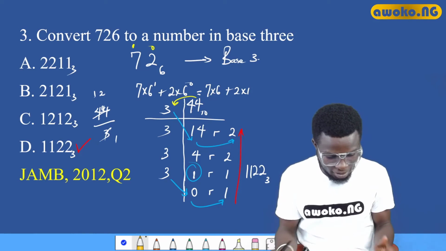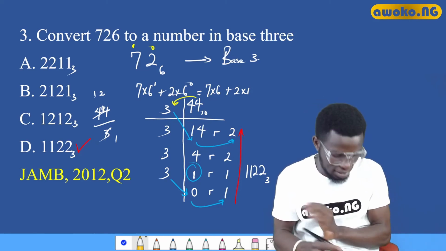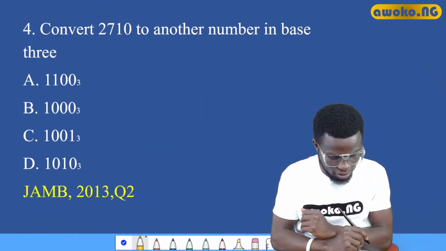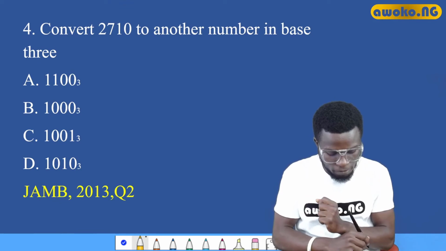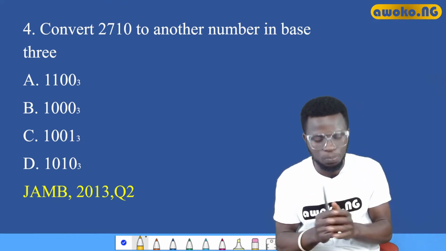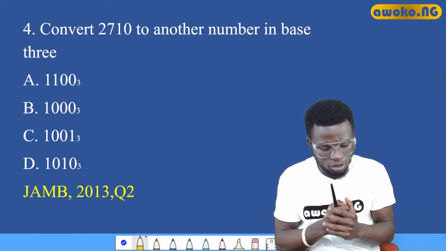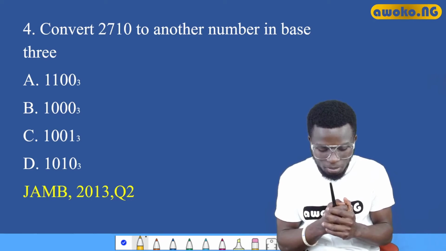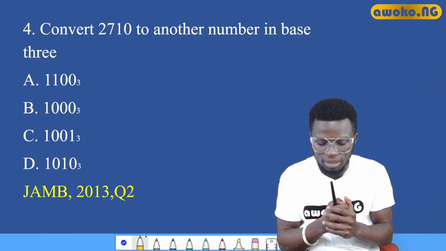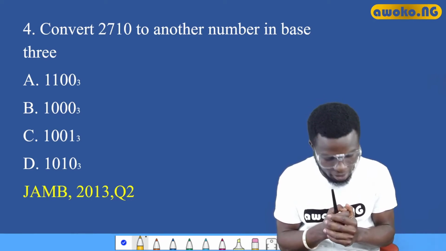If I decide to consider the next question I have, which is JAMB 2013 question 2. It says I should convert 27 base 10 to another number in base 3.